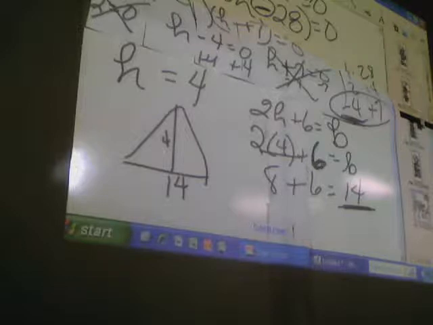If you multiply those, base times height divided by 2, we have 14 times 4 divided by 2. Does that come out to 28? Yes.